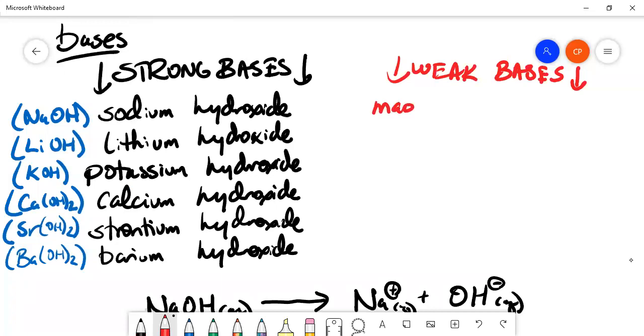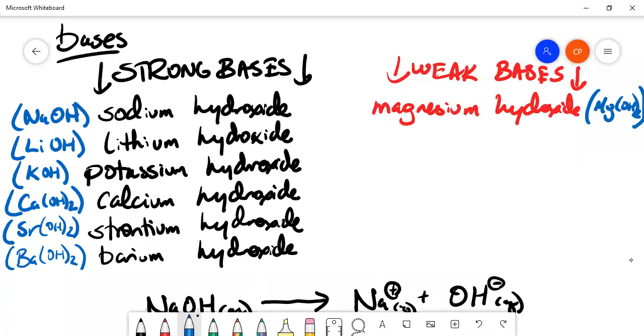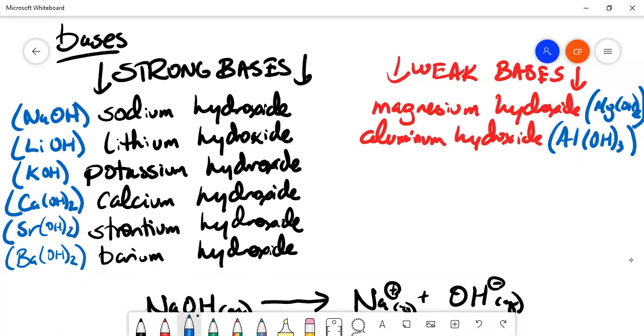Magnesium hydroxide is a weak base. Aluminum hydroxide is a weak base. Aluminum hydroxide, the Al ion has a 3+ charge, so that's Al(OH)3. And let's see, what else could I mention?